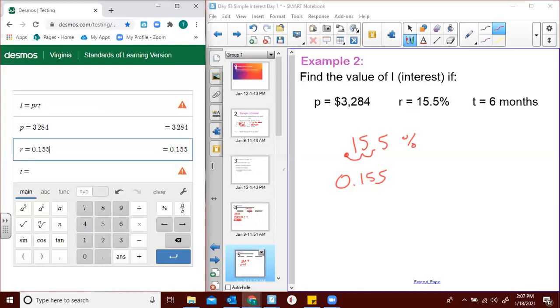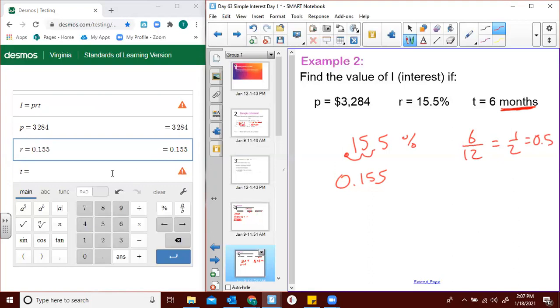So put that in, 0.155. And notice that our time is in months. Think of how many months there are in a year. There are 12. So for time, you could either put 6 over 12, which you know is going to be 1/2, which you also know is going to be 0.5. You could put any one of these three in here for time.